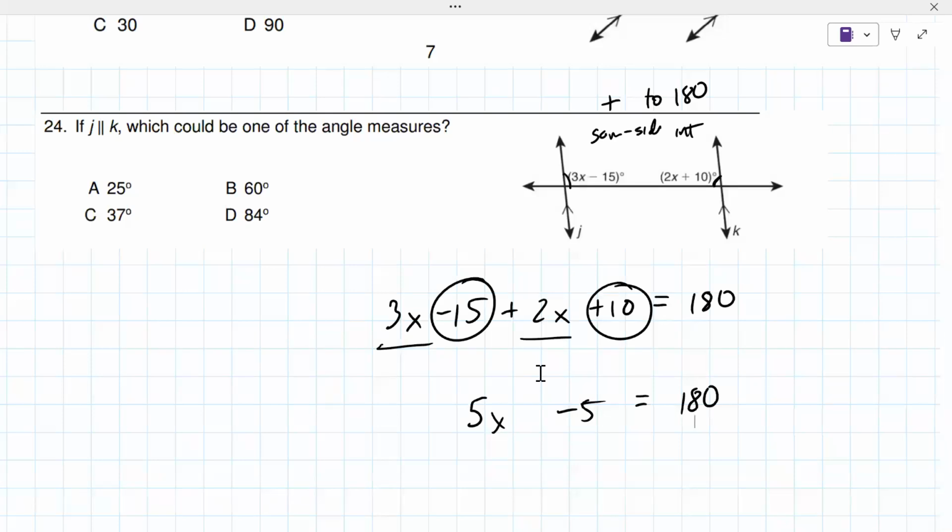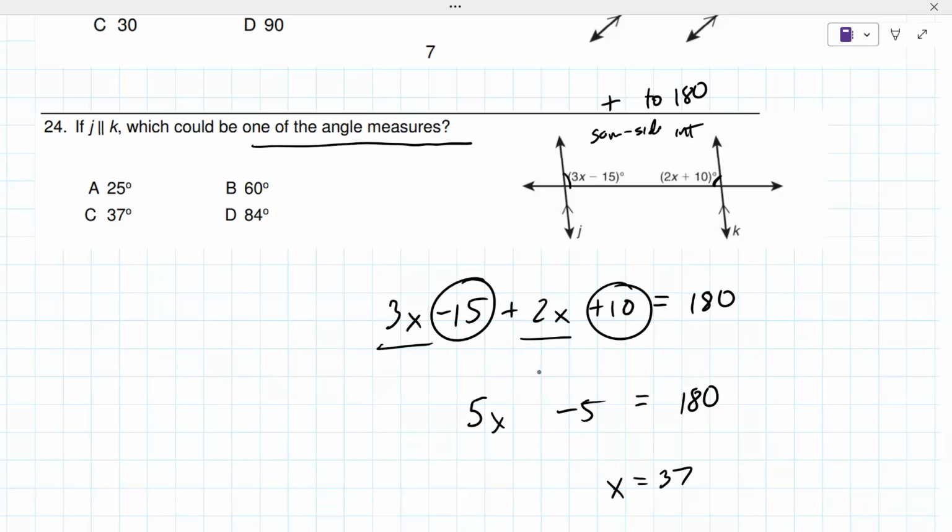Okay. So what does x equal? One second. 37. Okay, so x is 37. Are they asking you to solve for x, or for one of the angle measures? The angle measure. Right.